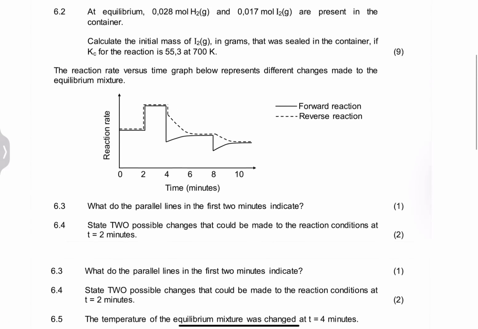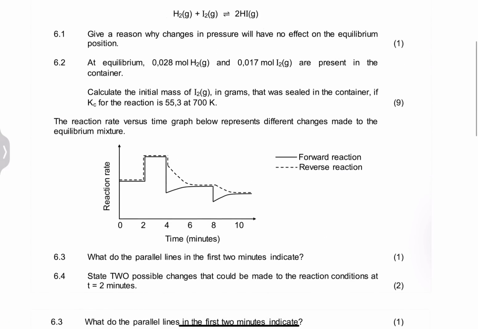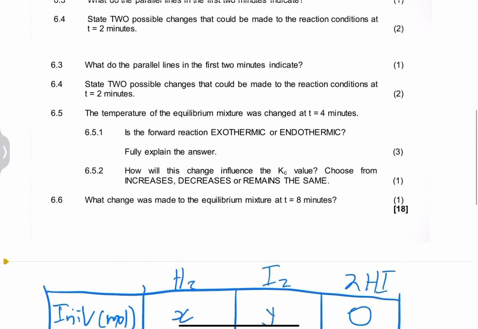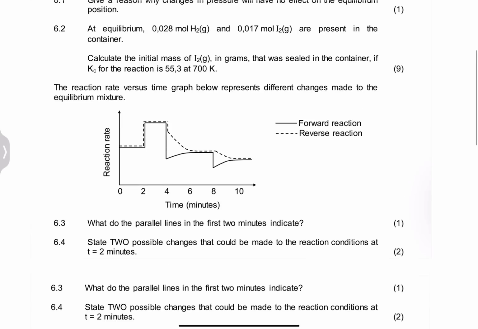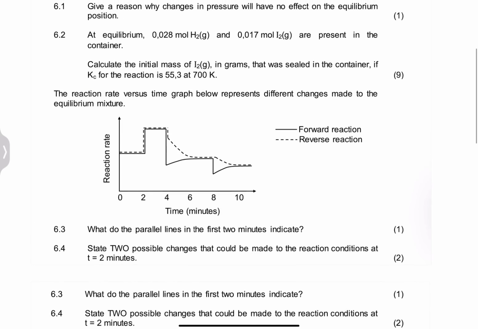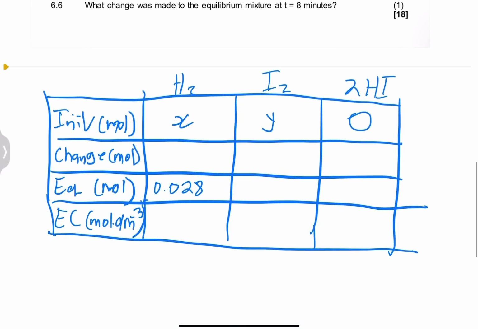We know that the amount of hydrogen was 0.028, so I'm going to put that amount there. And the amount of iodine at equilibrium was 0.017. And in this case, we don't have any other information, right?